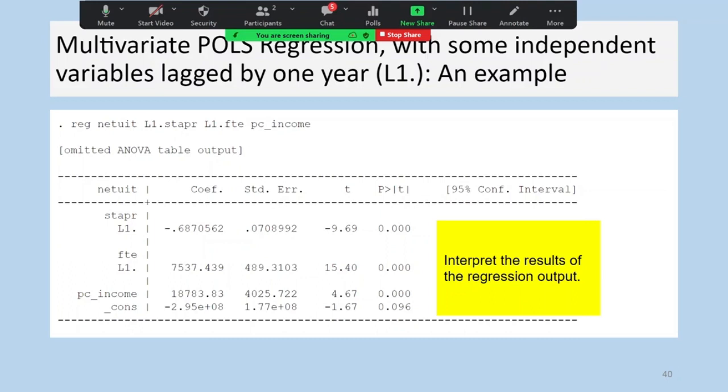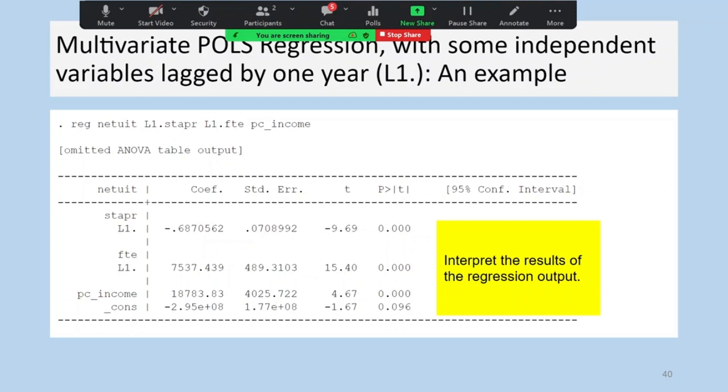So I omitted what you just referred to because I didn't have space. So I just took it out, omitted that ANOVA table. And when you actually run your regressions, you don't have to show me the ANOVA tables either. I don't care. Most people don't care what the ANOVA tables show.